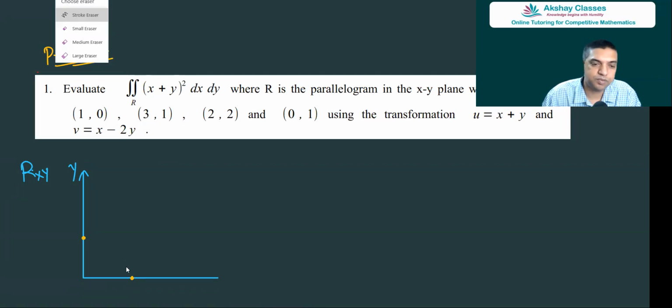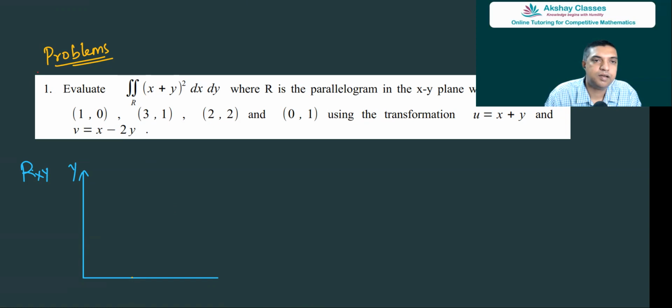I'll do this way. I'll make this as 1, 2, 3, equidistant 1, 2, 3.